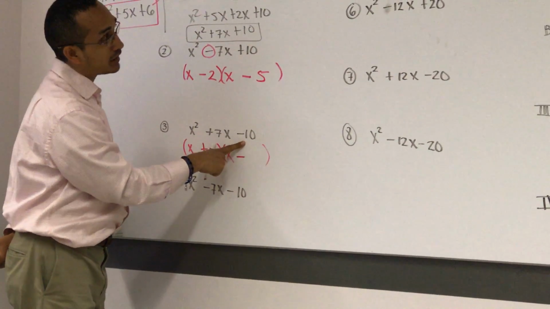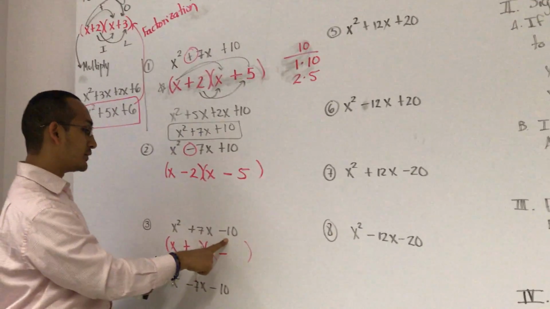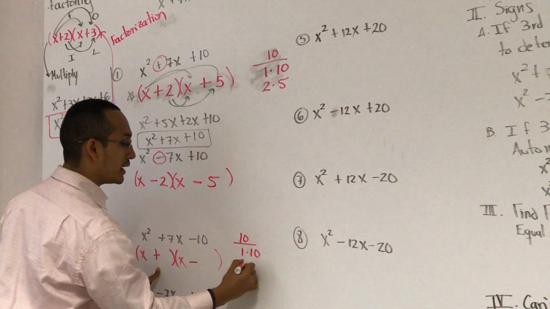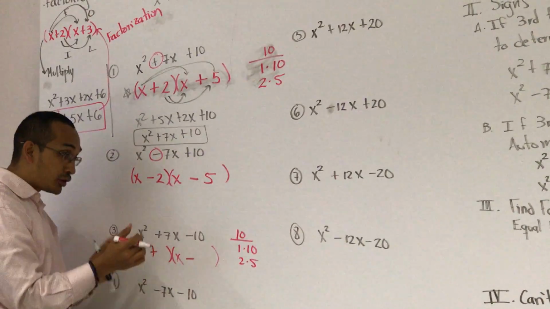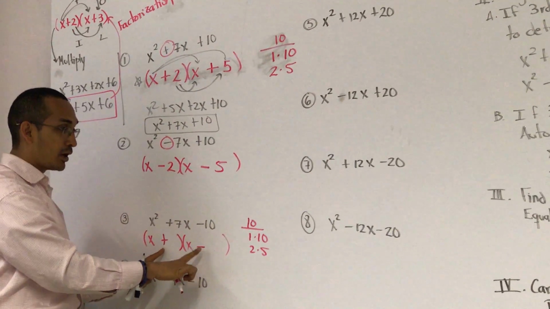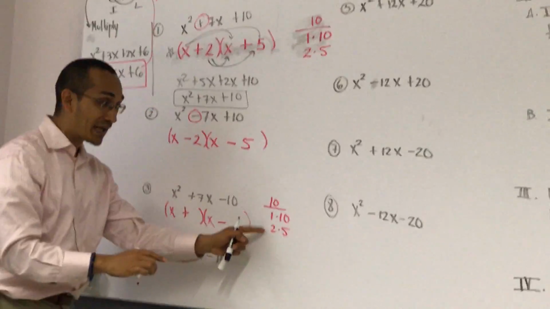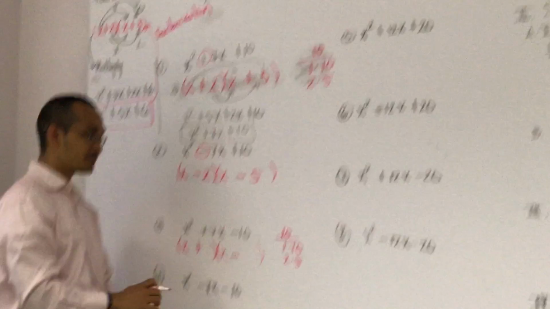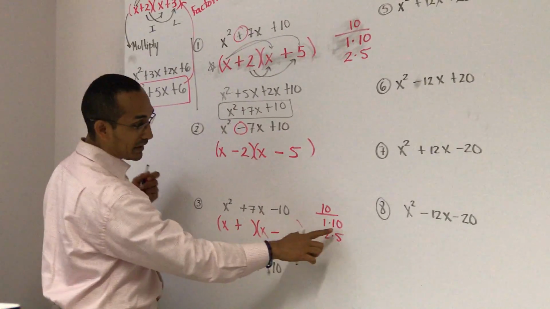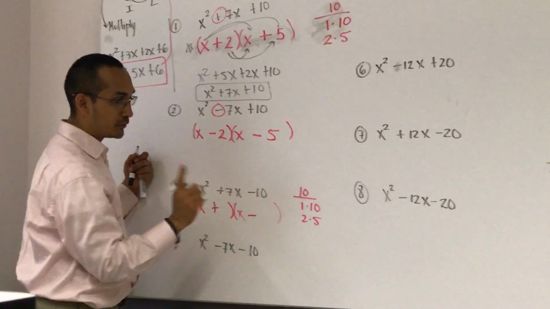Now, again, I look at the factors of 10. My factors of 10 are 1 and 10, and 2 and 5. So notice what's happening here. This is positive, this is negative. It means, which of these, when subtracted, give me a 7? Well, if I subtract 10 minus 1, gives me a 9, no good.